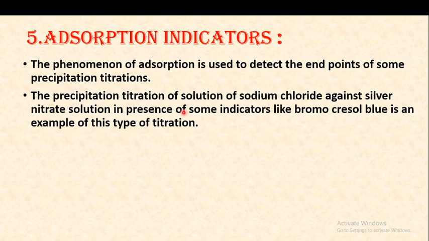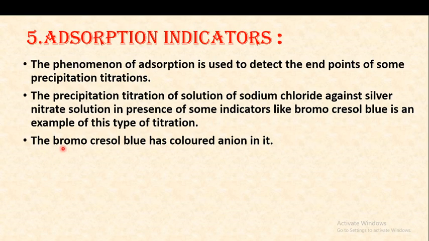The solution is in the presence of some indicator like bromocresol blue. Bromocresol blue is used as the indicator here, and it is an example of this type of titration. Bromocresol blue is blue in color, and it has a colored anion.